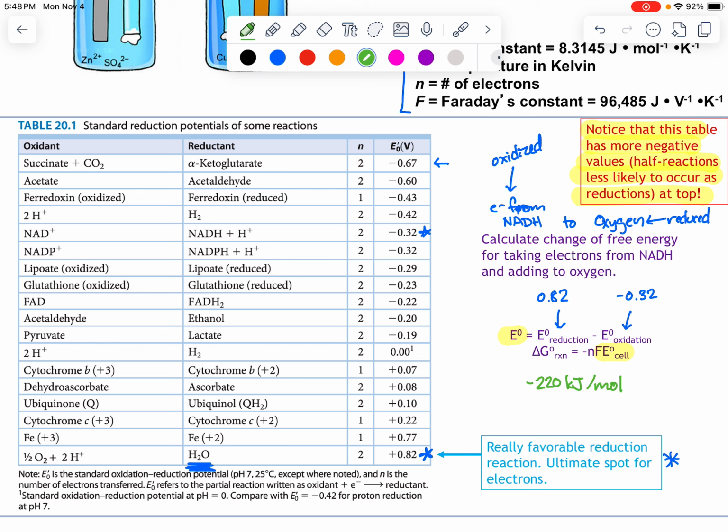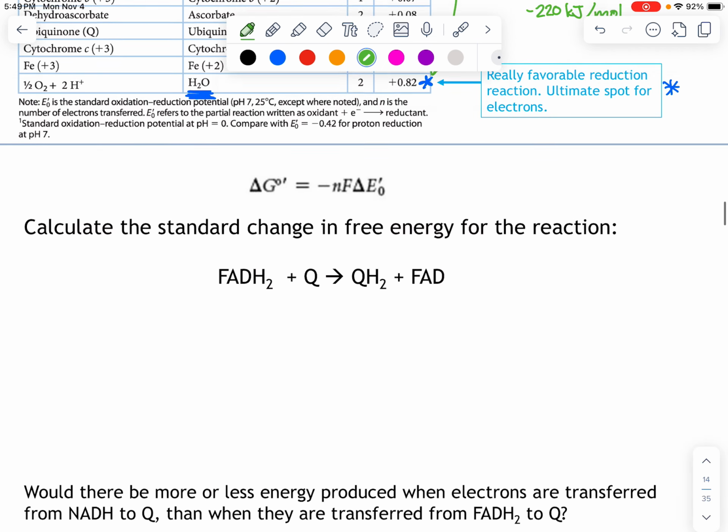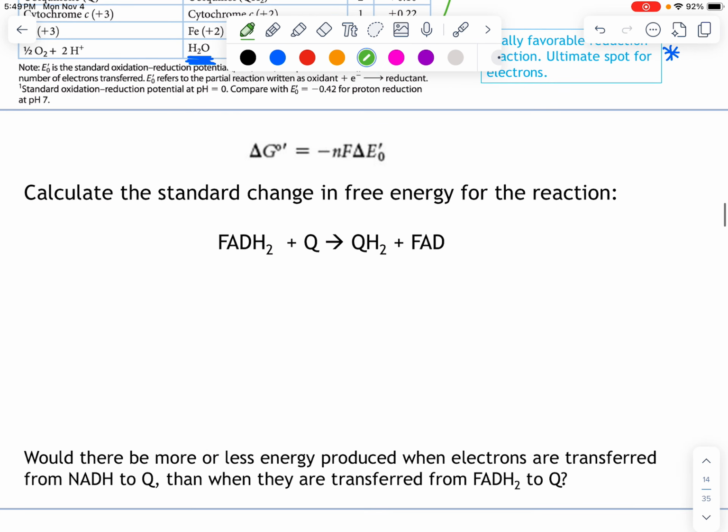But it turns out that our electrons don't jump straight from NADH to oxygen, but instead they're going to skip down a step at a time, and each step is going to pump some protons. All right, another calculation.